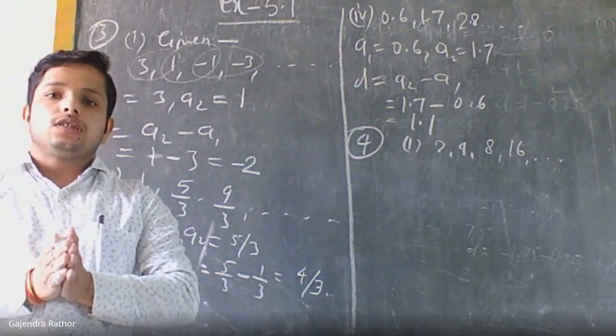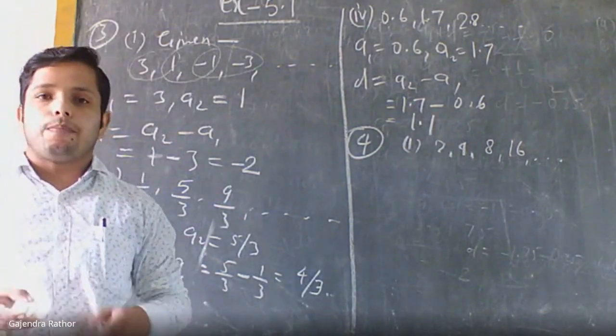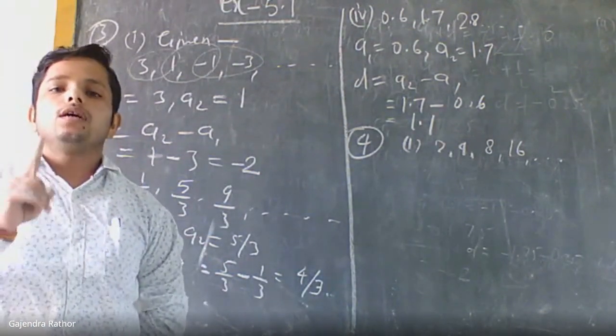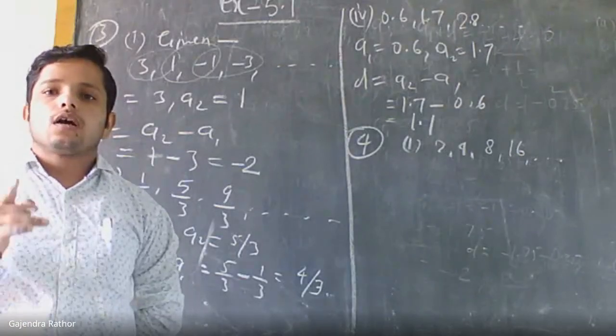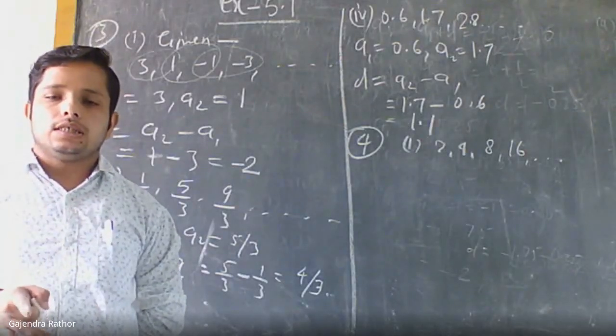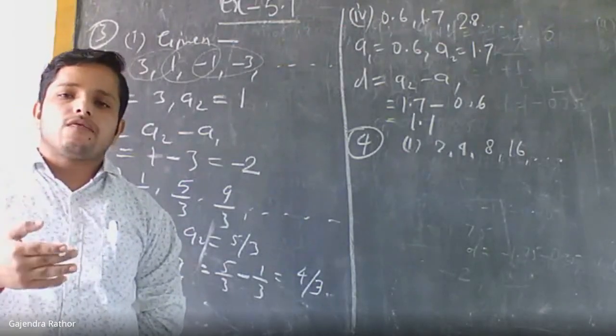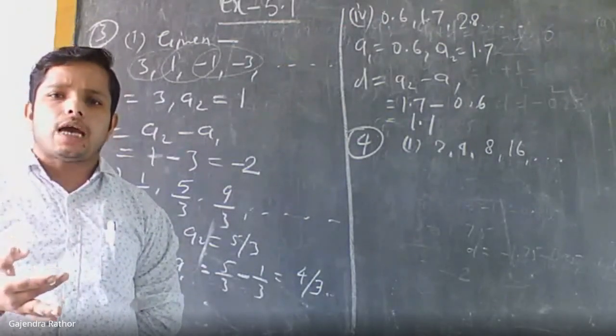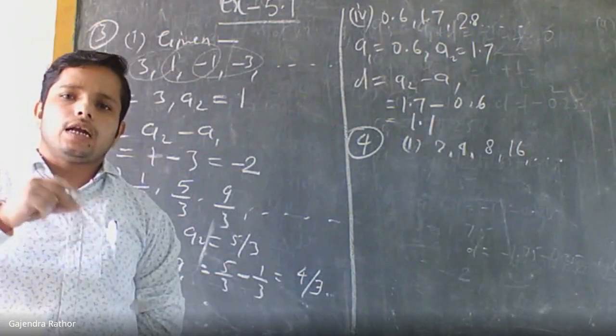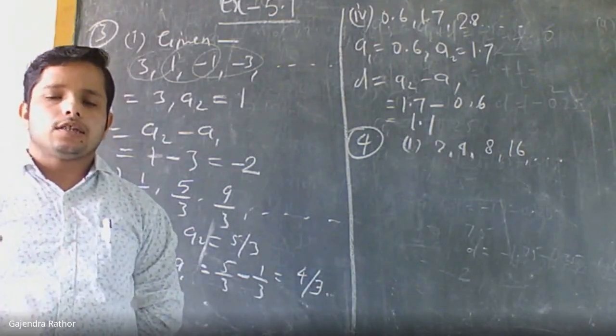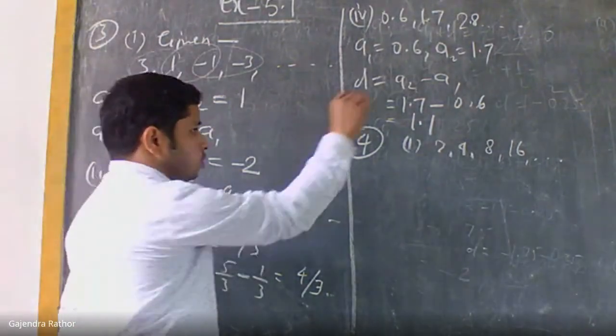Now, to check an AP, we need only one thing, the common difference. If the common difference for any two consecutive terms is the same, that pattern will be taken as an AP. Otherwise, not.